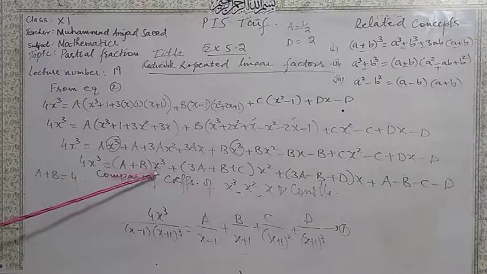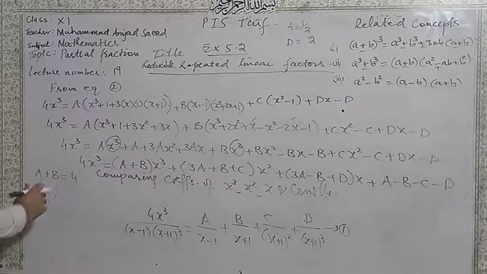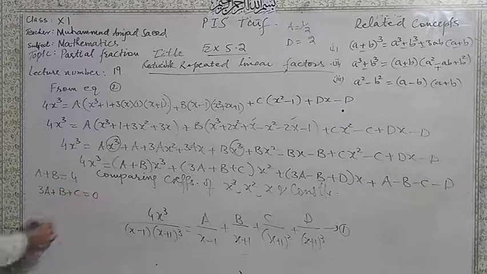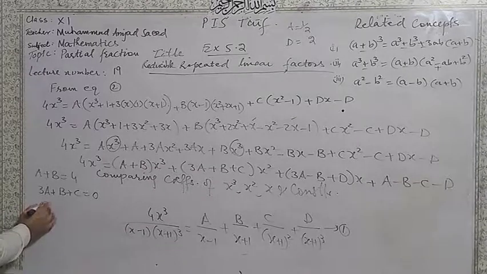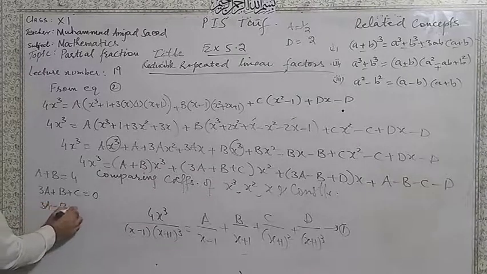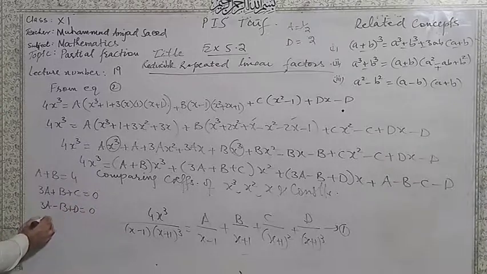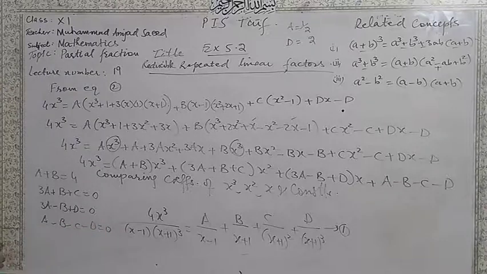Remember that coefficient of x cube is a plus b and here coefficient of x cube is 4. So a plus b is equal to 4. 3a plus b plus c is equal to 0 because we don't have x square here, x square term missing. Then 3a minus b plus d is 0. And a minus b minus c minus d is equal to 0.